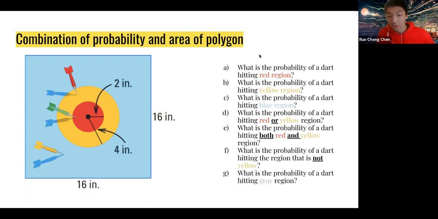And then you use 1 minus the probability of hitting this region, and you can get the probability of hitting its complementary region. So remember, the probability of hitting the yellow region and red region combined is pi over 16. And so hitting the blue region, its probability is 1 minus pi over 16. So that is the answer to part C.